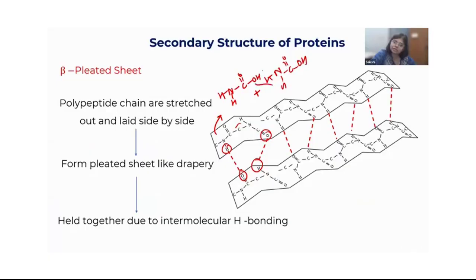Basically here H2O molecules get removed to form water. So you get NH, C double bond O, NH. So you can see NH, C double bond O, NH, right? And there can be any number of carbon atoms in between, right? So this is the type of bonding basically in case of the secondary structure of proteins.